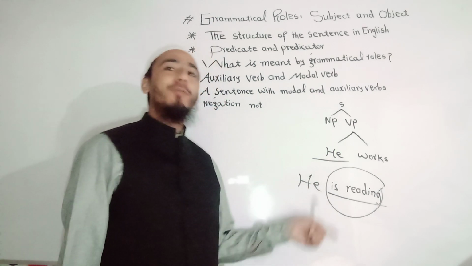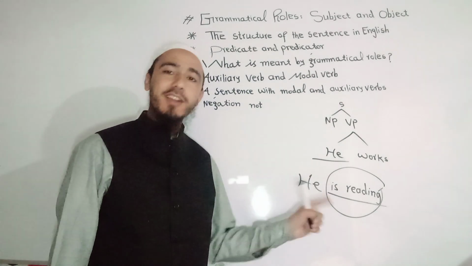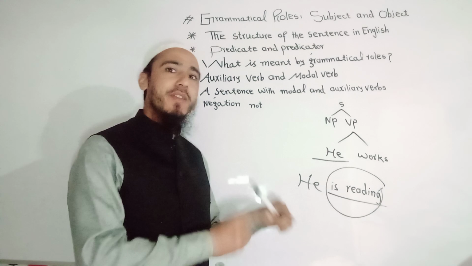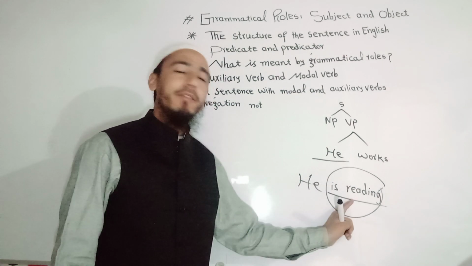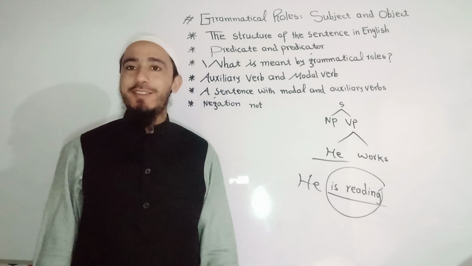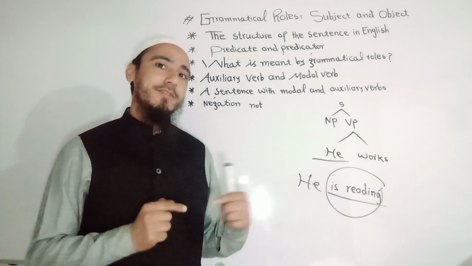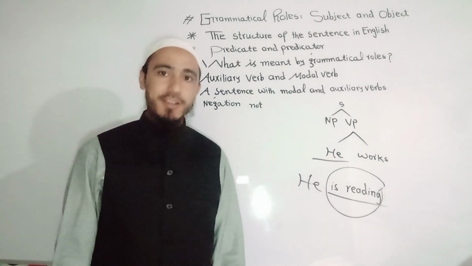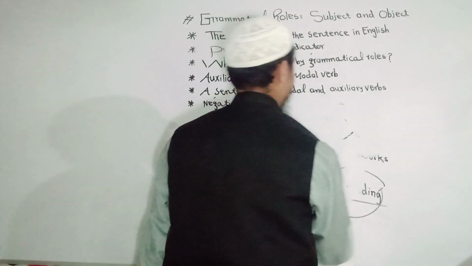However, when we talk specifically about predicate and predicator, a singular verb which is just the main verb, with no helping word or auxiliary verb, we call that verb predicator. But if there is an auxiliary word or modal verb in a sentence, then we call it predicate. Okay. So hope that this concept is also clear to you.